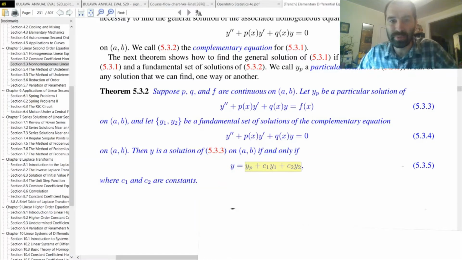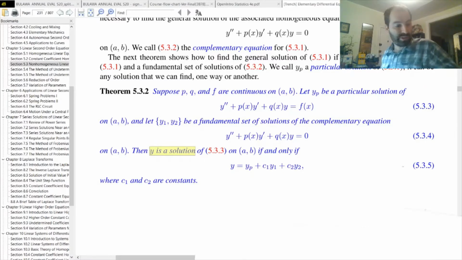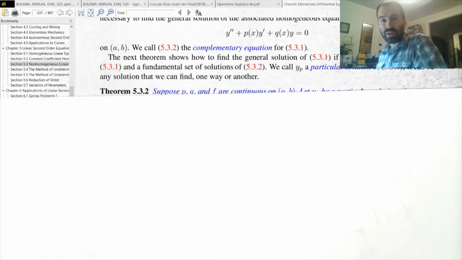What I'd like to do is take a moment to prove this theorem. We have to prove two different directions. We need to prove that if y is a solution, then it can be written in this form. And also that if it can be written in this form, then it's a solution. Let's do the second thing first.